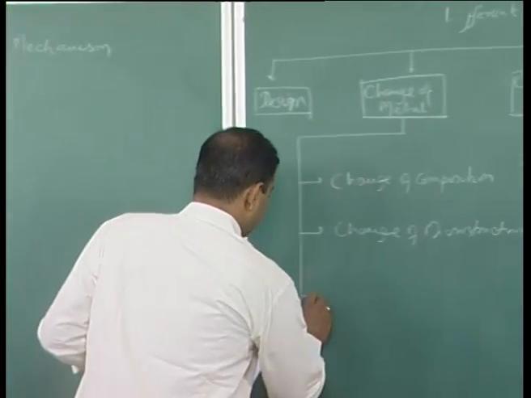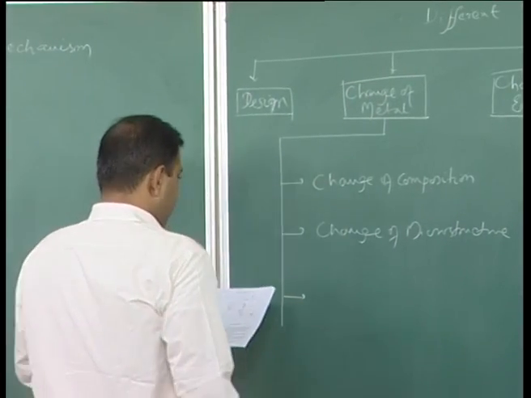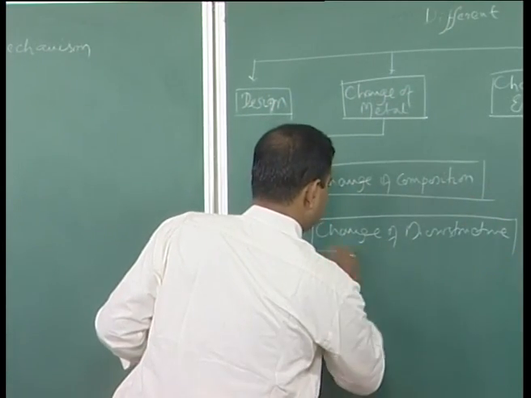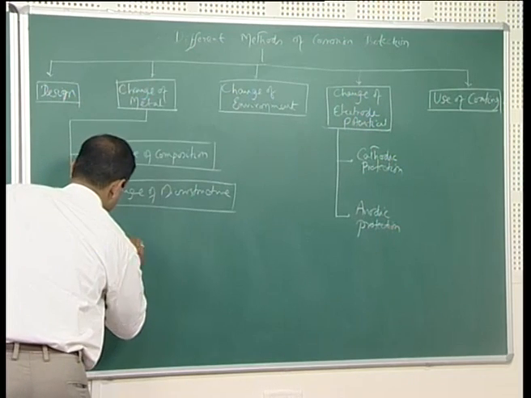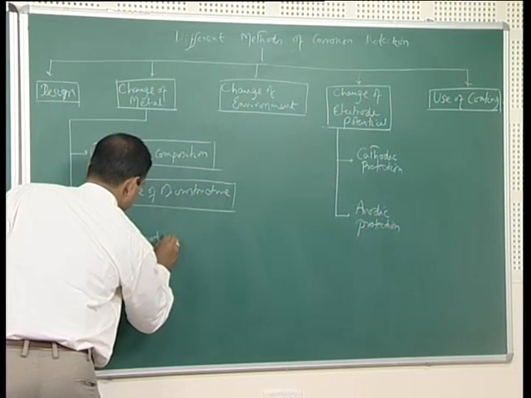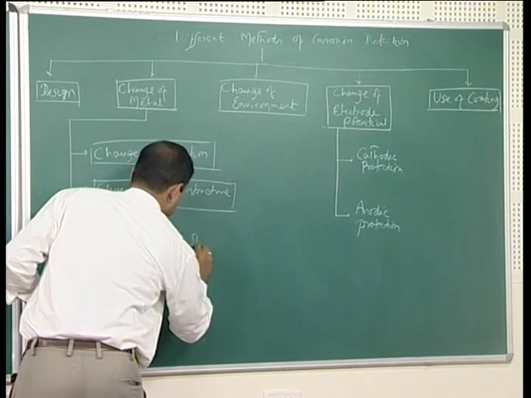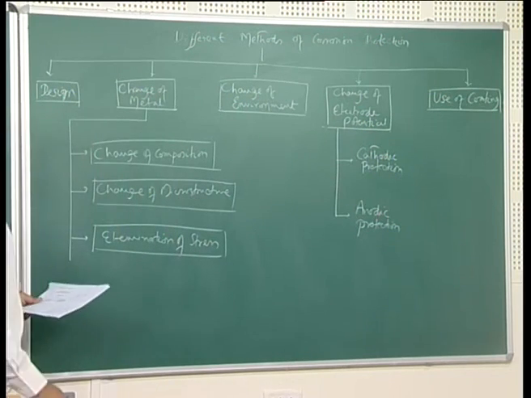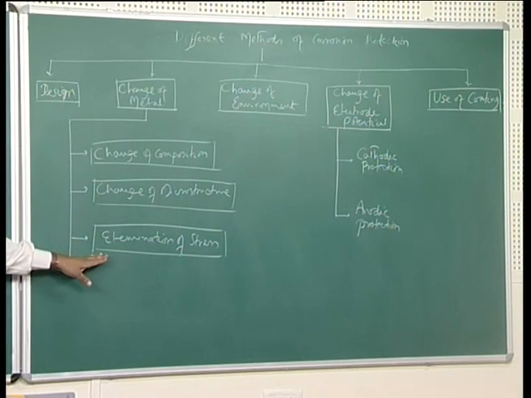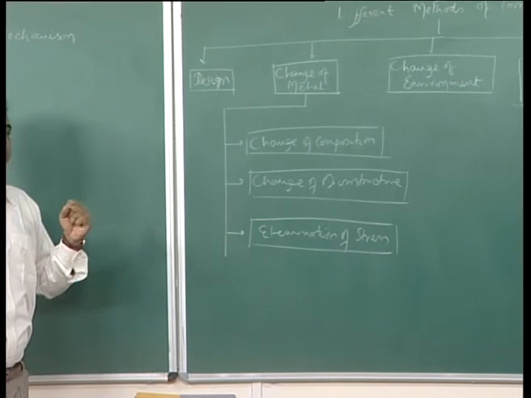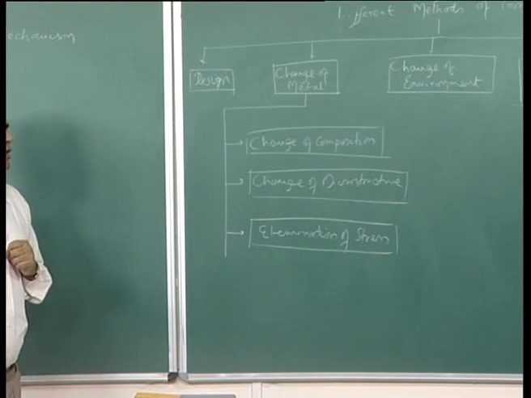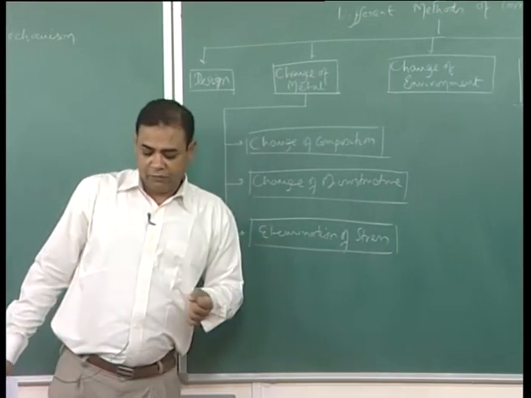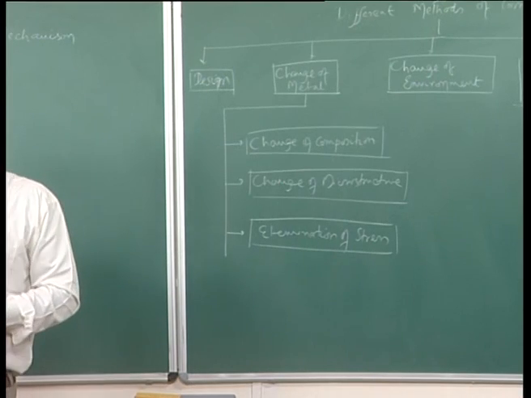And third one is elimination of stress. Let us say the material under operation is having residual stress inside the material, then the most possible cause of failure would be stress corrosion cracking.